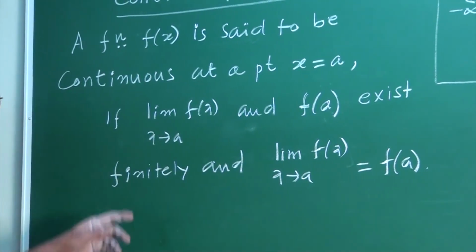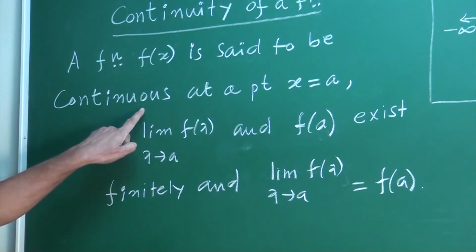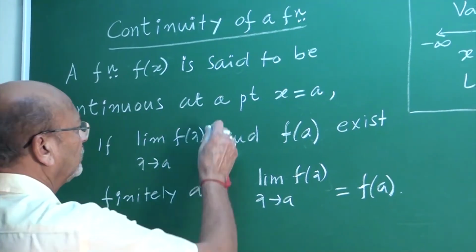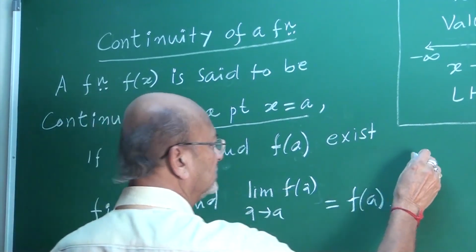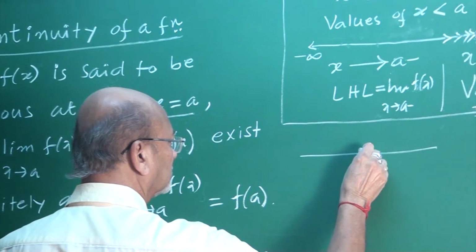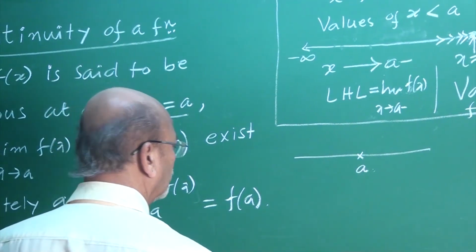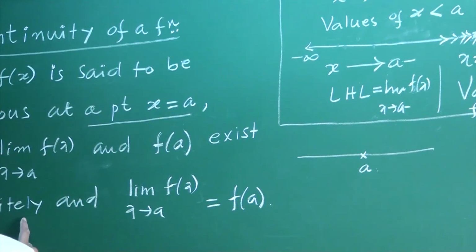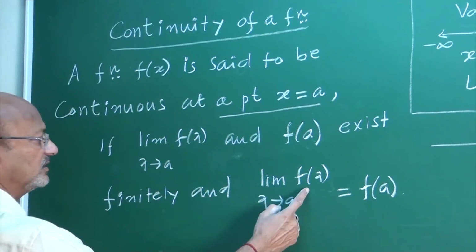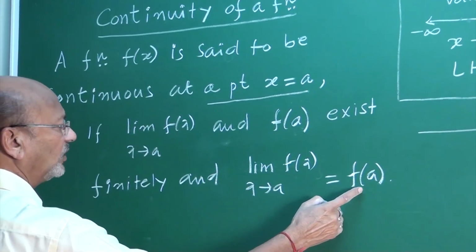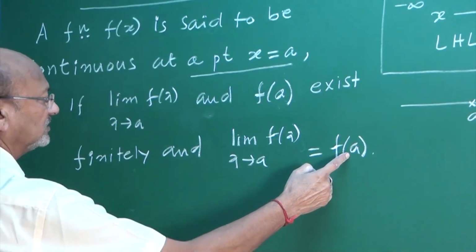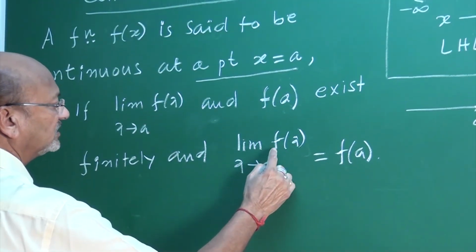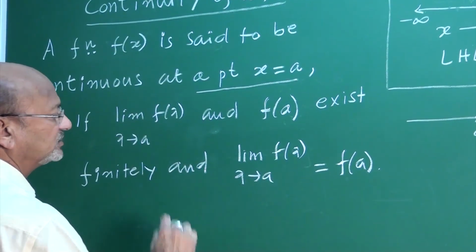A function f(x) is said to be continuous at a point x equal to a if the limit exists finitely and that limit is equal to the value of the function. If the limit of the function equals the value of the function, then we say the function is continuous at the point x equal to a.